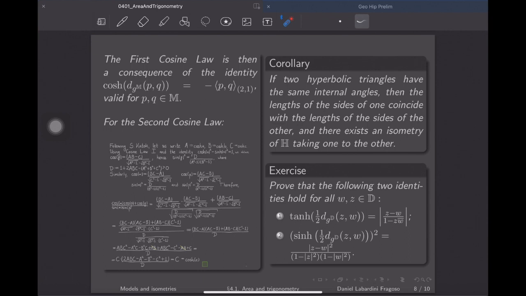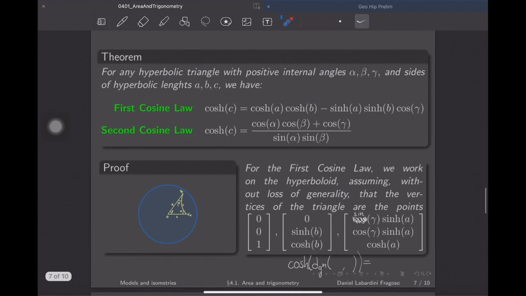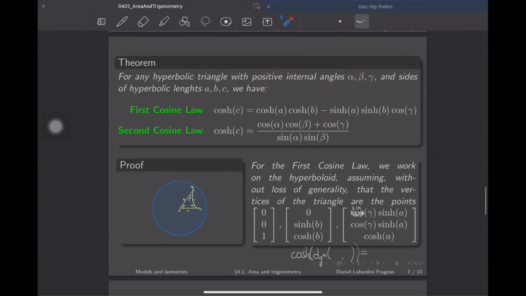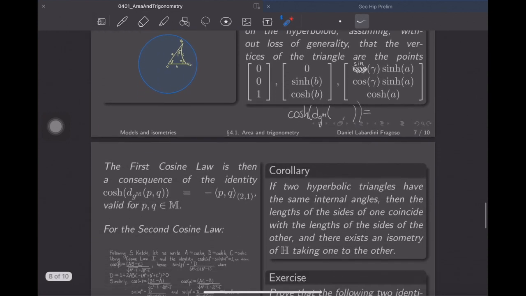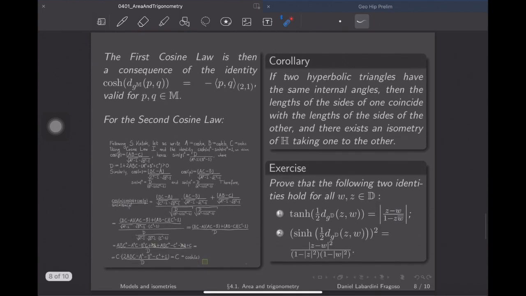Okay, and here comes the corollary, which is really the power of the second cosine law. If you have two hyperbolic triangles with the same internal angles, let's say for the moment positive internal angles, because that's the hypothesis under which we proved these ones. So imagine the situation.